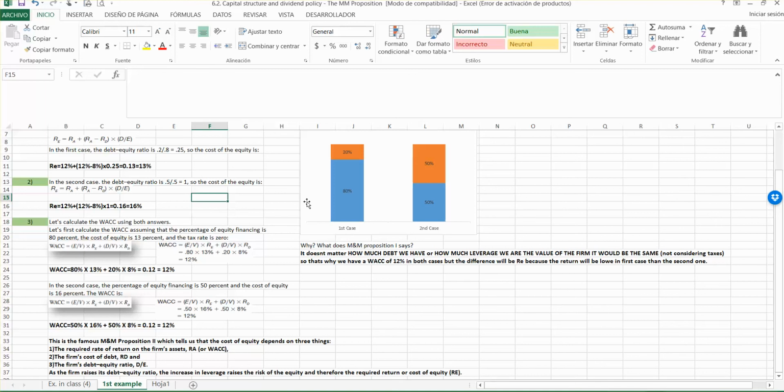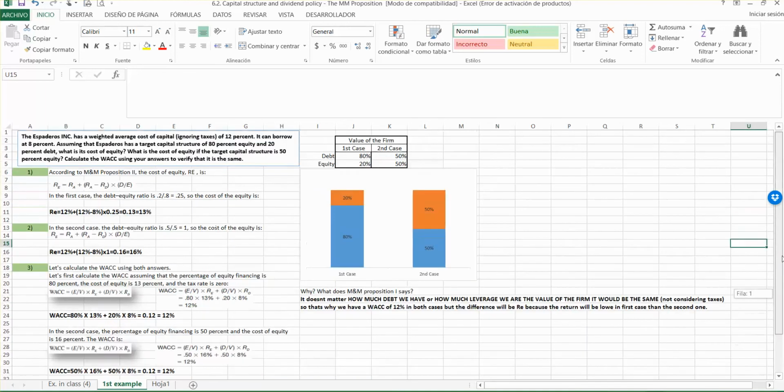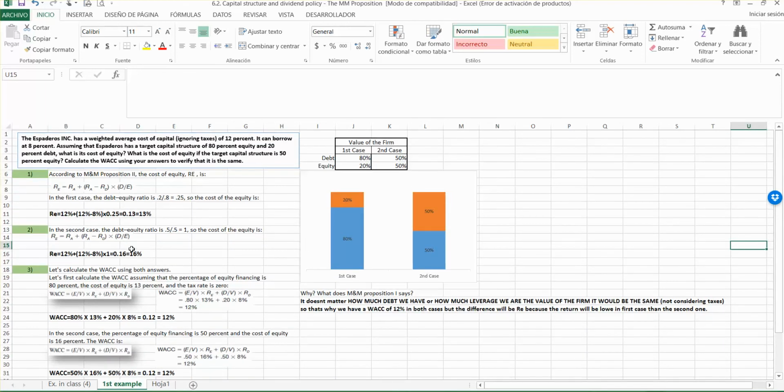Kind of confusing, but what we say is that if we have higher debt in our capital structure, the cost of equity that our investors require will be higher, because the risk is higher.